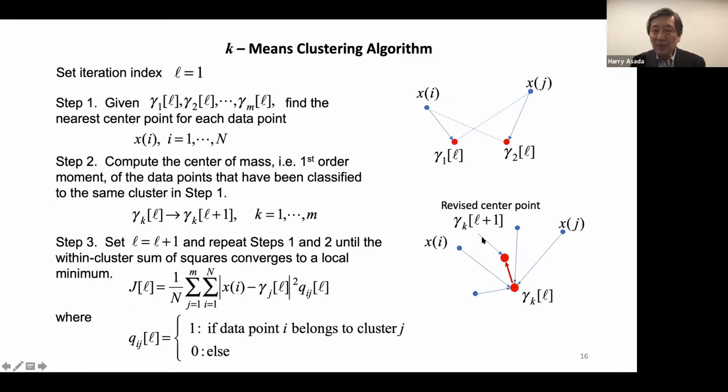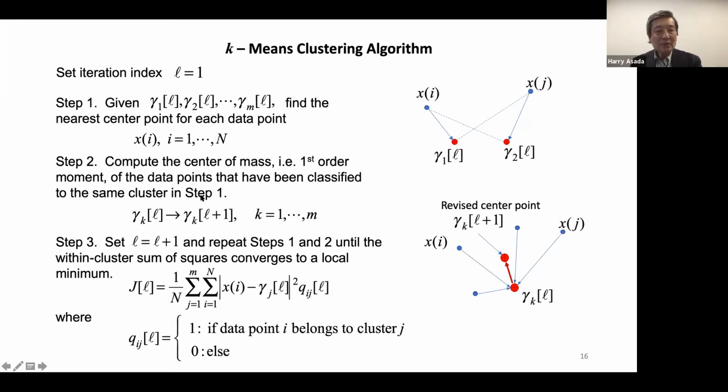As you move the center points, maybe this one gets closer to this, and this one moves the other way. Previously, this point belonged to this center, but that may be different for the new set of center points. This may belong to other centers.